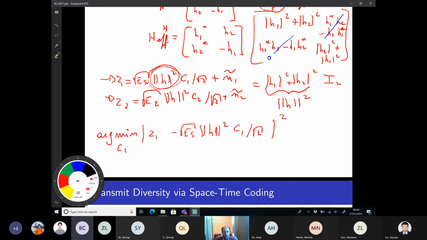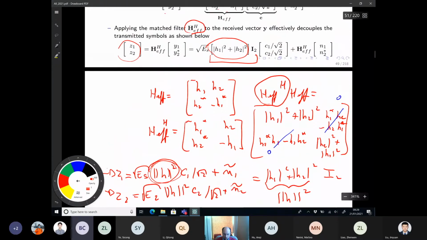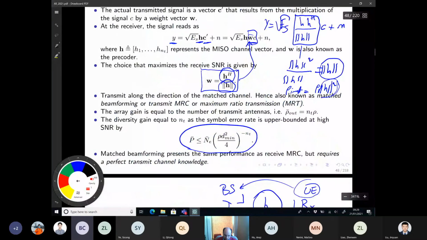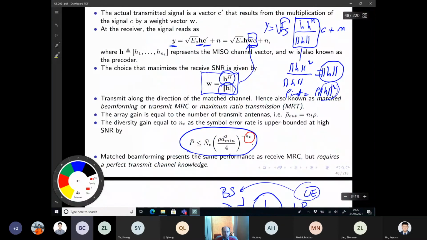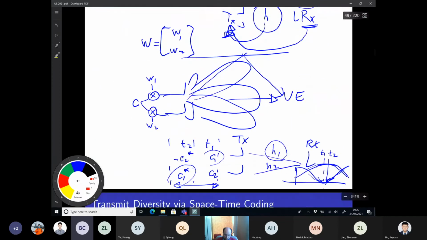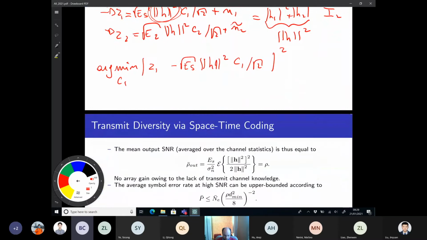So here you're able to have a diversity gain of 2, despite the fact that you don't have any channel knowledge at the transmitter. Here we had a diversity gain of NT. So if you have 2 transmit antennas, you have a diversity gain of 2 when you do the matched beamforming of maximum ratio transmission. But there you need to know the channel at the transmitter. Here you don't know the channel at the transmitter, but you will still get a diversity gain of 2, right?